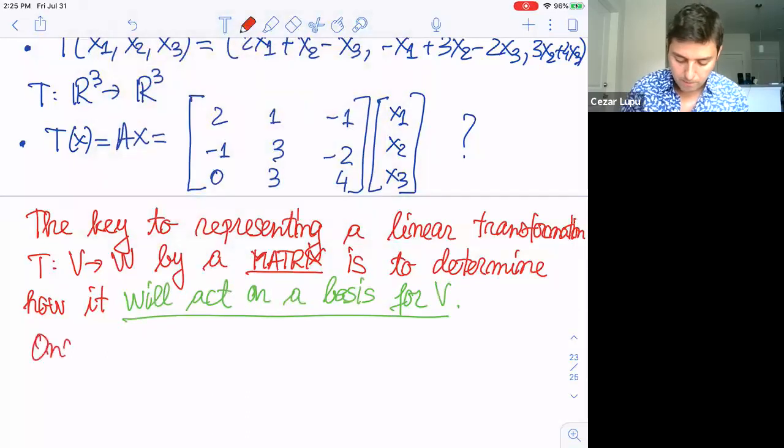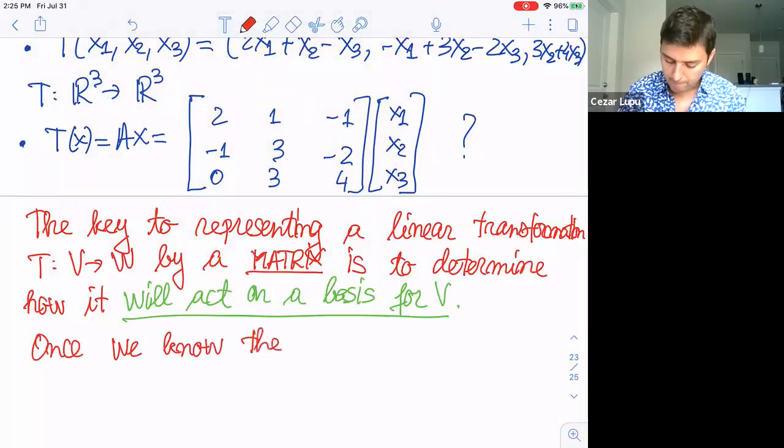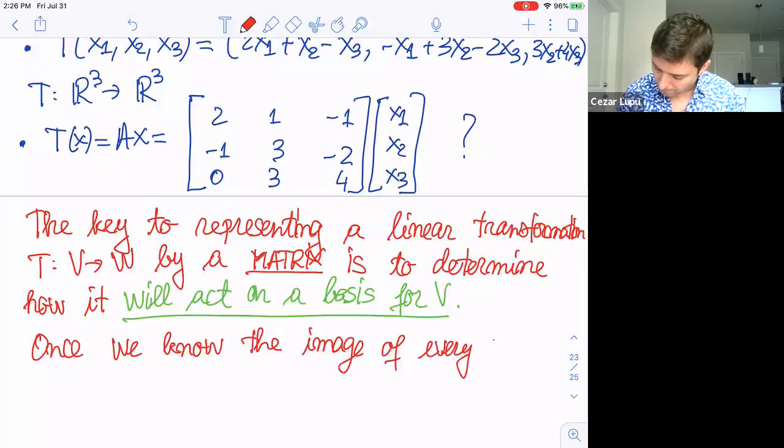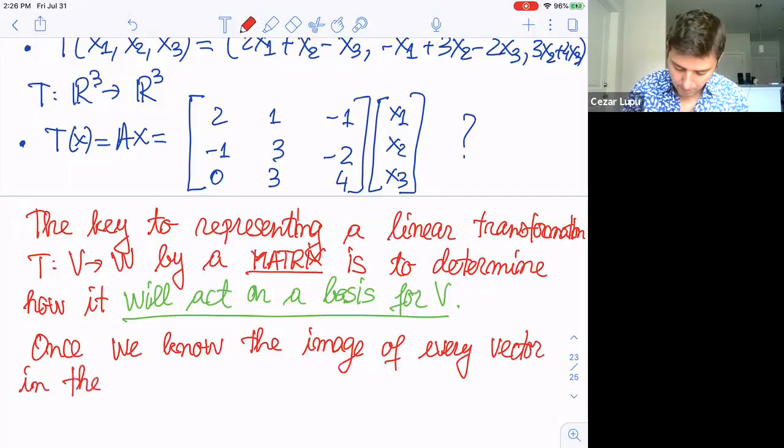Once we know the image of every vector in the basis, okay?